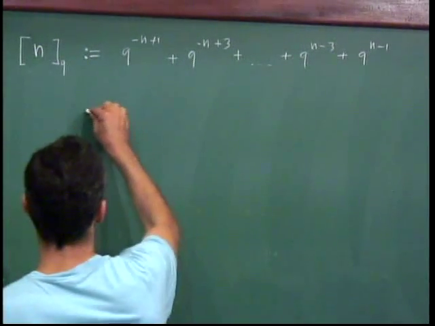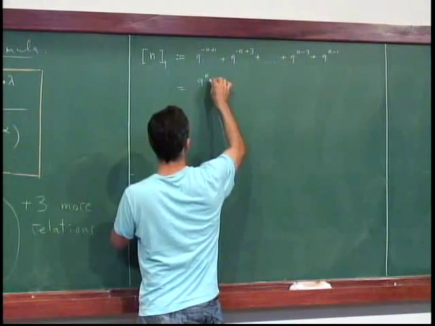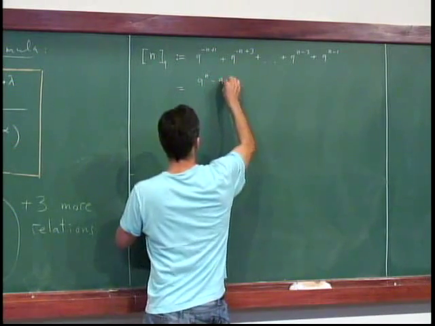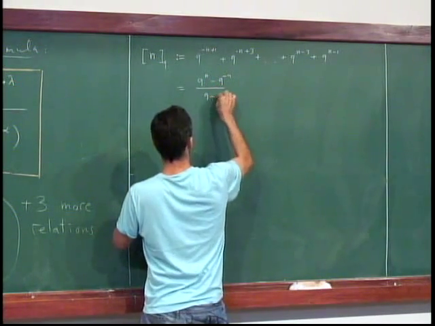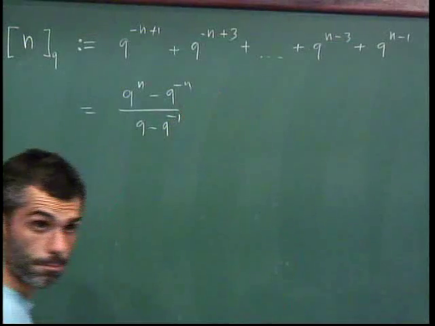This can be rewritten in a more concise form as q to the n minus q to the minus n divided by q minus q inverse.